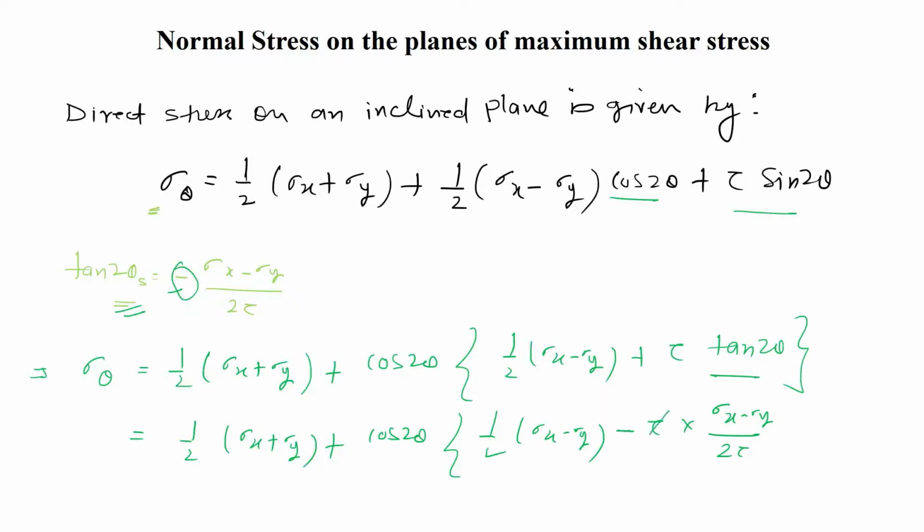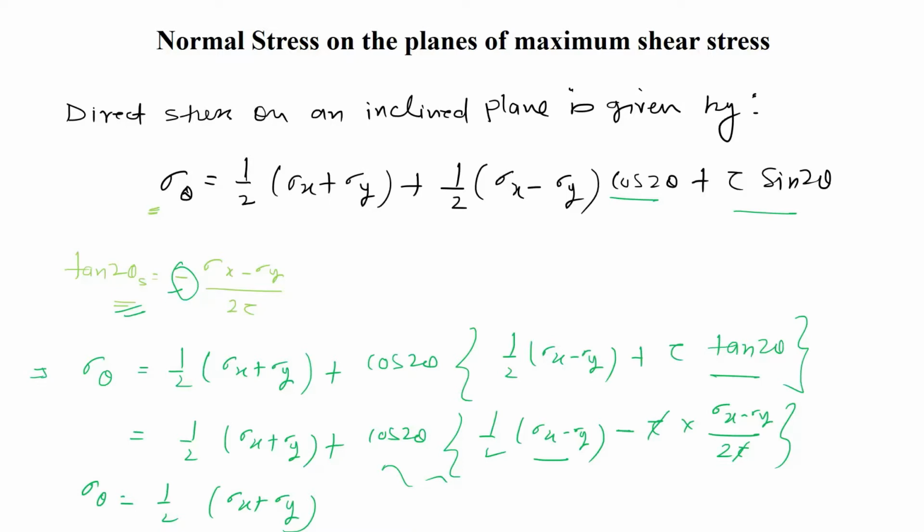So this tau will get cancelled out, and this term is 1/2 (sigma x minus sigma y), and this term is also (sigma x minus sigma y) divided by 2. So this will get cancelled out and this whole becomes 0. So sigma theta is equal to 1/2 (sigma x plus sigma y) only.